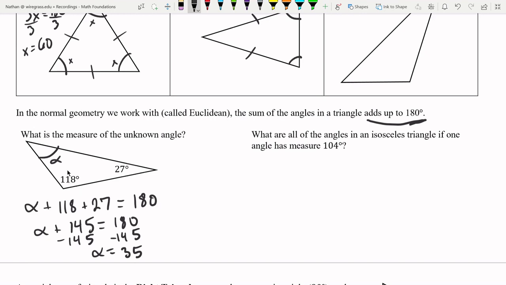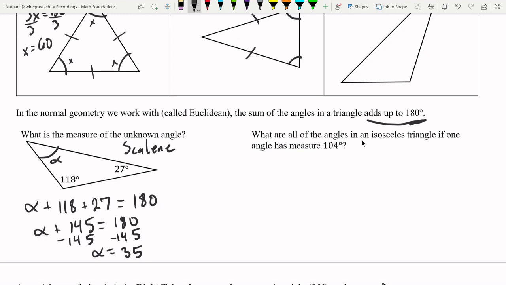So if I have a 118-degree angle here, a 27-degree angle here, this one has to be 35 degrees. There's no other measure of that angle that it could be. All three angles are different. This is a scalene triangle. All three angles are different, therefore all three sides are going to be different.